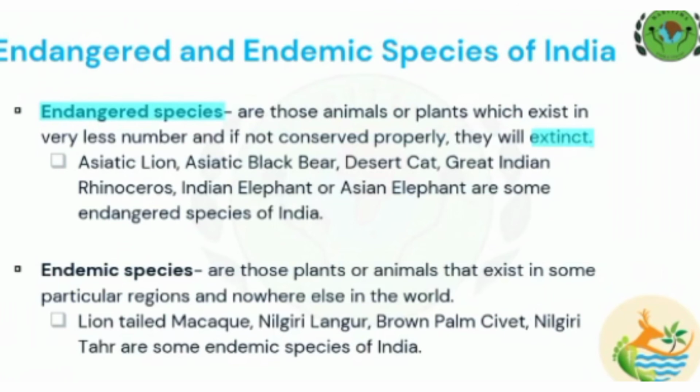Now, endemic species. These are those plants or animals that exist in some particular regions and nowhere else in the world. Some endemic species are lion-tailed macaque, Nilgiri langur, brown palm civet, and Nilgiri tahr.